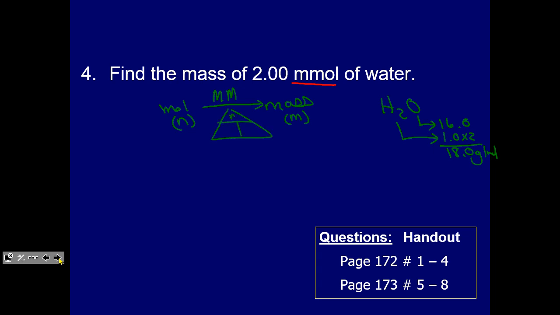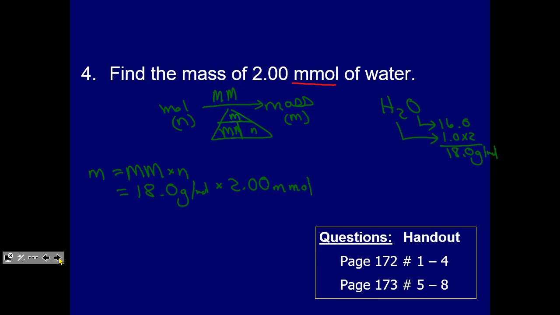Grams, mass on the top, moles, molar mass. In this case, I want to find the mass. I cover the mass up. Mass equals molar mass times moles. Molar mass, 18.0 grams per mole times 2.00 millimole.